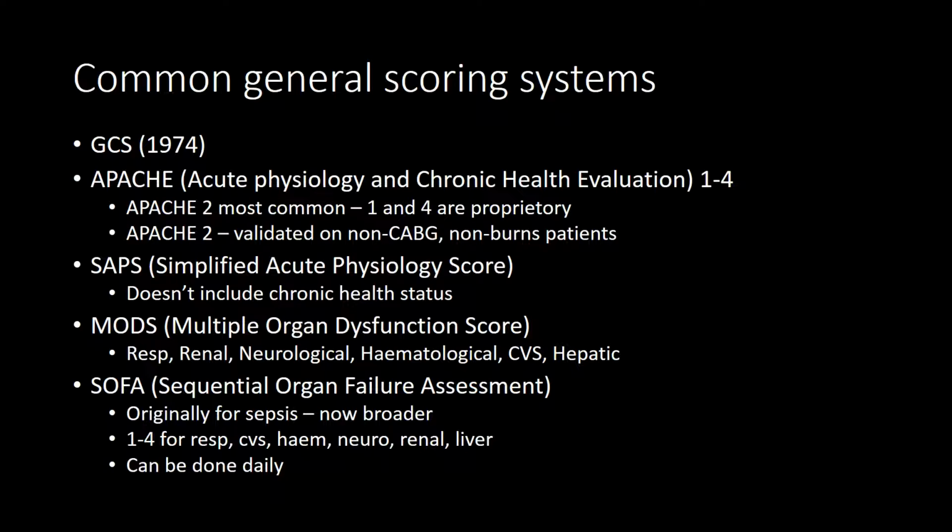So just want to talk about scoring systems that are used in the ITU: GCS, the classic Apache score. Remember, Apache 1 and 4 are proprietary, Apache 2 is the most commonly used. The Simplified Acute Physiology Score, the SAPS score, the MODS score, multiple organ dysfunction score, and the SOFA, sequential organ failure score.